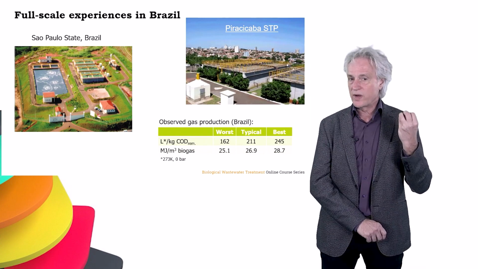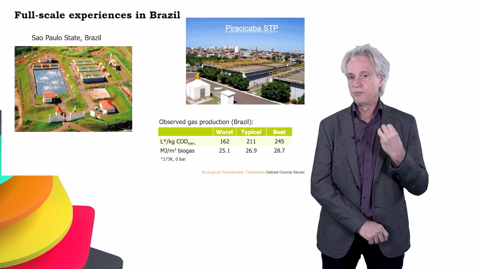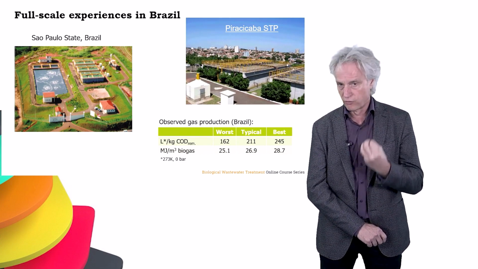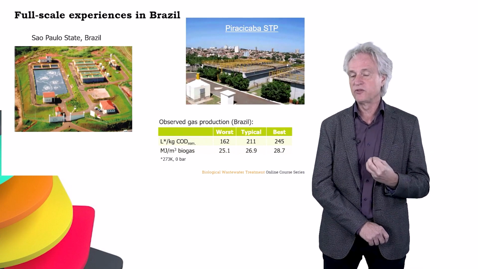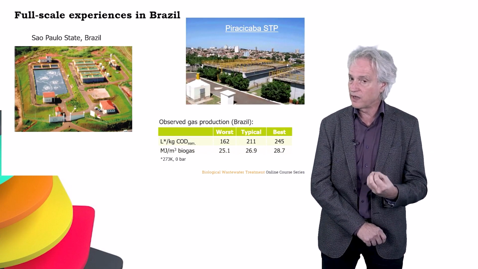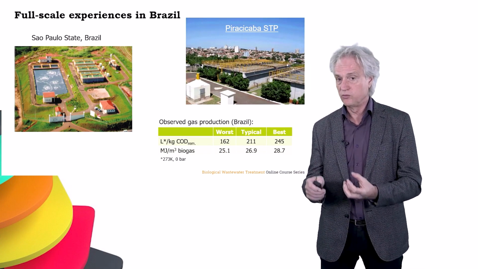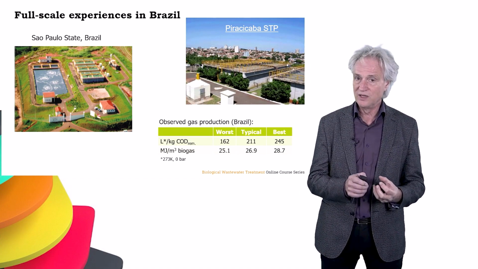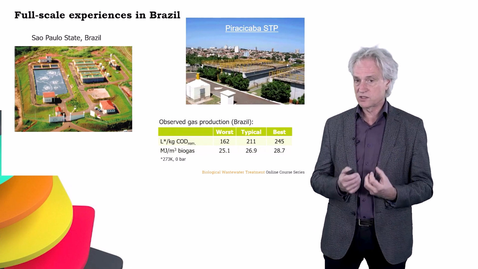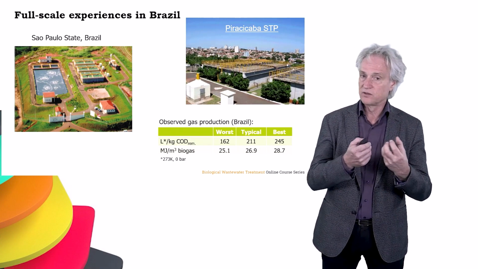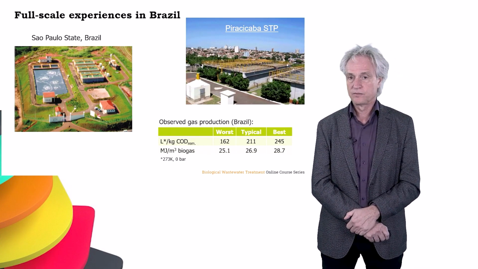If you do remember, theoretically, we produce 350 liters of methane per kilogram of COD converted. These are the data in liters per kilogram COD removed. And these data are lower, since part of the COD is not converted to methane gas, but part of the COD is extracted from the anaerobic reactor as sludge, with the sludge removal. So that COD is also removed, but not converted into methane gas.